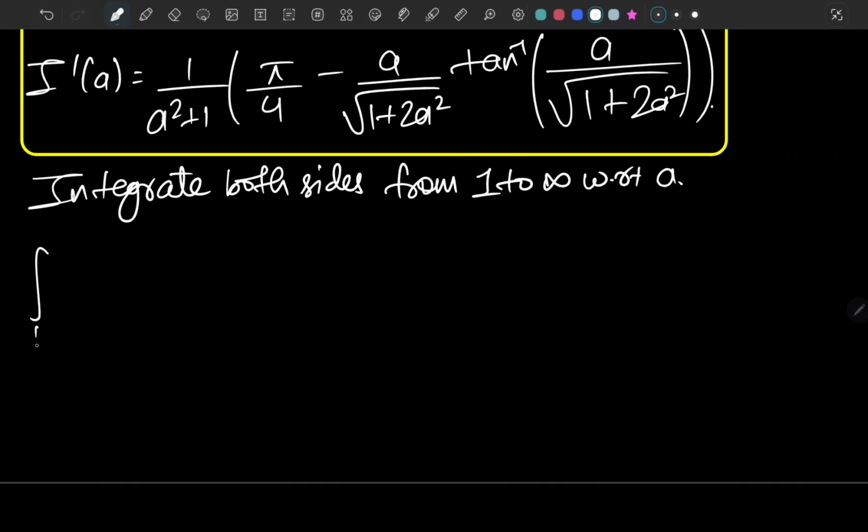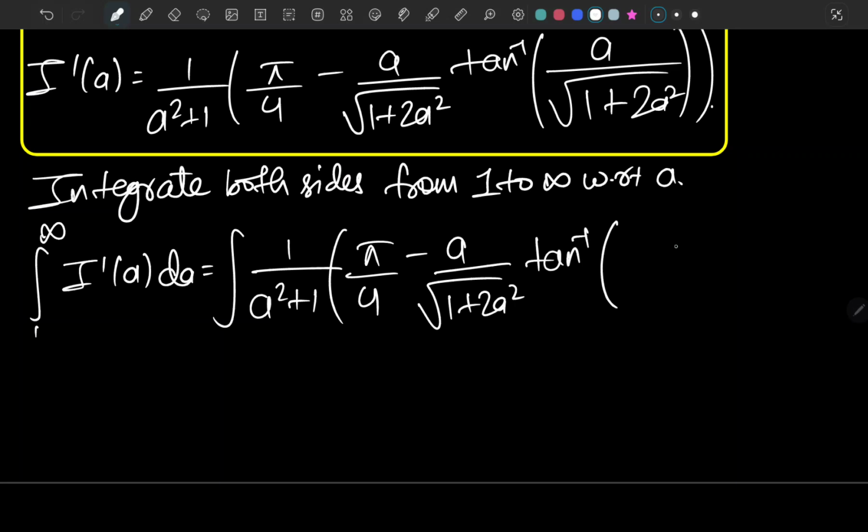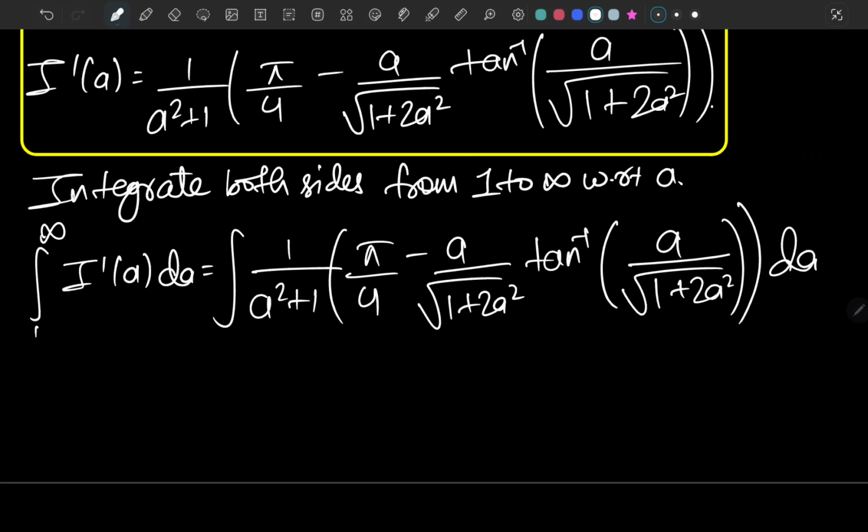So this says the integral from 1 to infinity of I prime of a da equals the integral of 1 over a squared plus 1 times pi over 4 minus a over square root of 1 plus 2a squared times arctangent of a over square root of 1 plus 2a squared da. So yeah, we have to integrate this big chunk of thing.